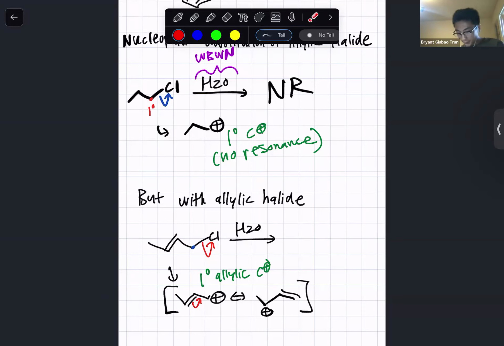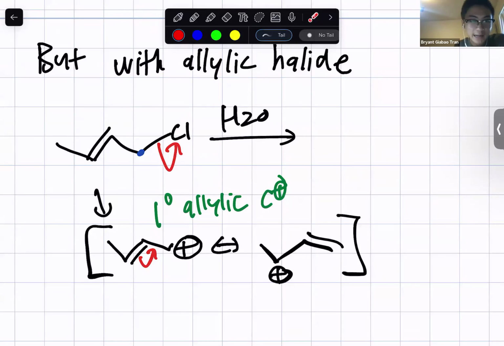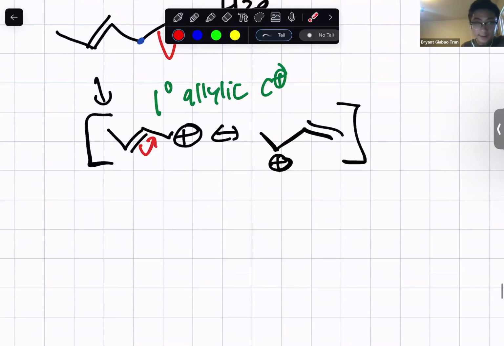Where now we could apply the same concept of thermodynamic and kinetic product. We said that the thermodynamic product gives us the more stable double bond, which is this resonance structure here. That's going to give us the thermodynamic product. The kinetic product, we said that that will come from the more stable carbocation or more stable intermediate, where the intermediate could be a carbocation or radical.